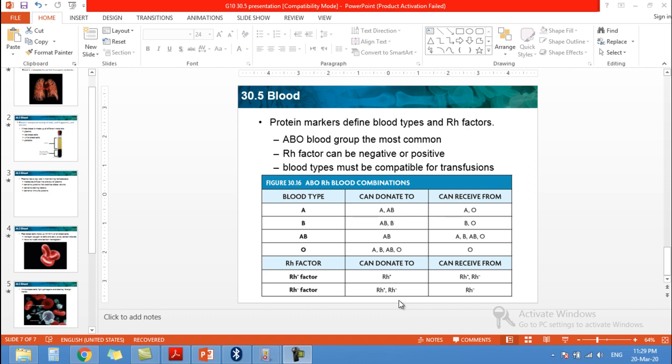Okay, we said that it's important to receive blood from someone who has a blood type compatible with your blood type, according to the table you are viewing. So what is the problem if we receive a wrong blood type? If we receive the wrong blood type, the red blood cells will clump together.